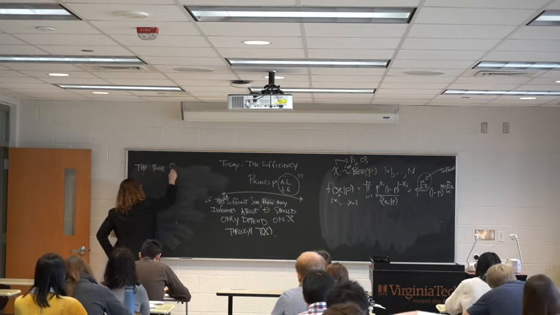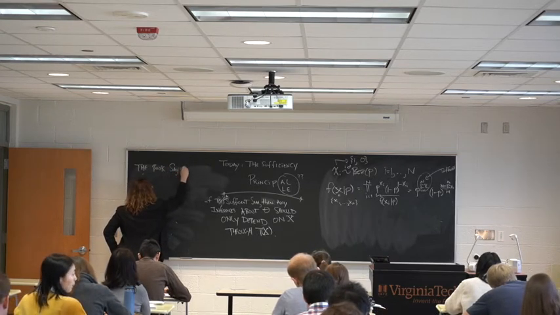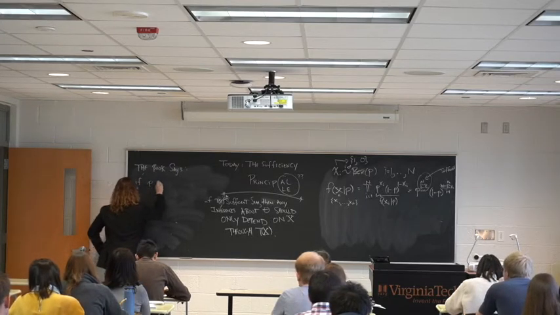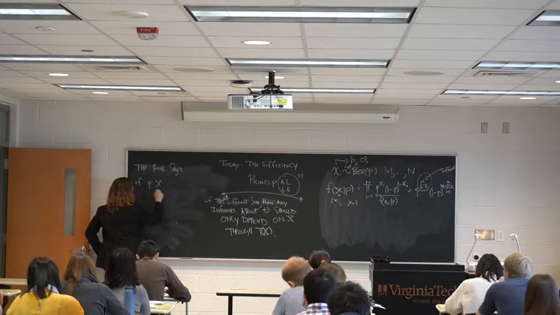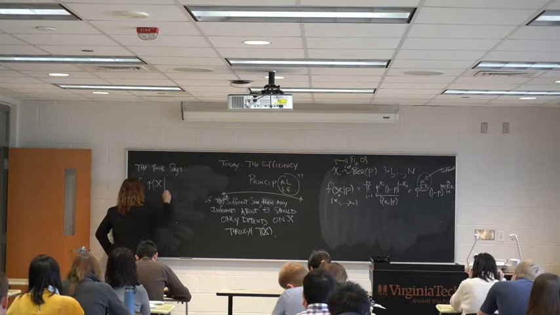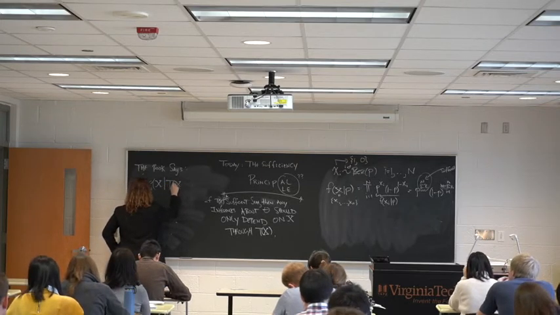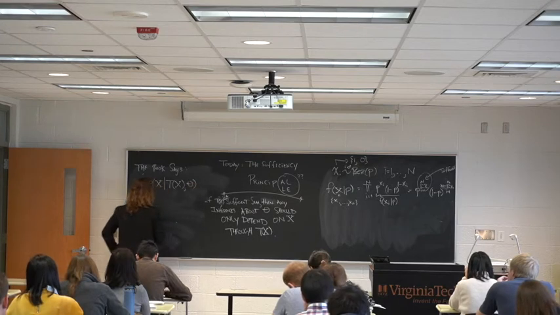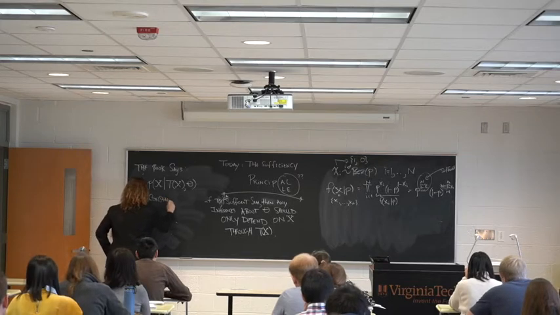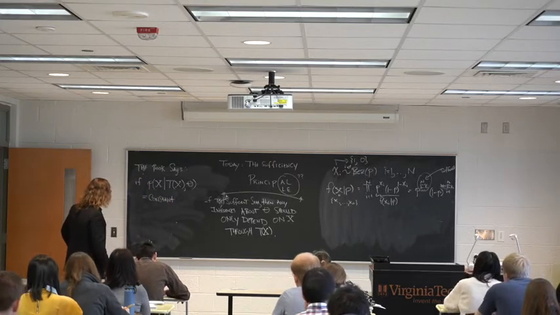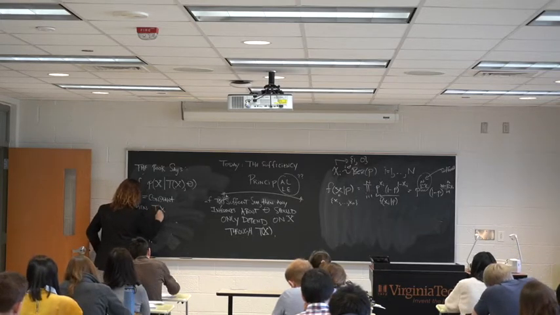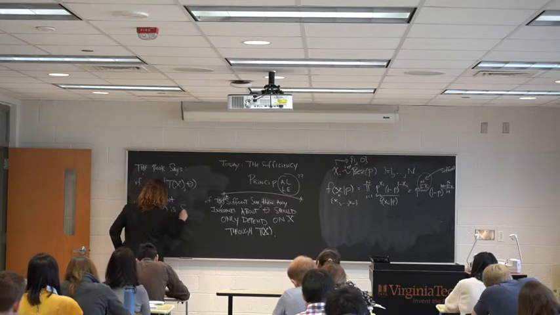The book says, if p of x given T(x) and theta is equal to a constant, then T(x) is sufficient.